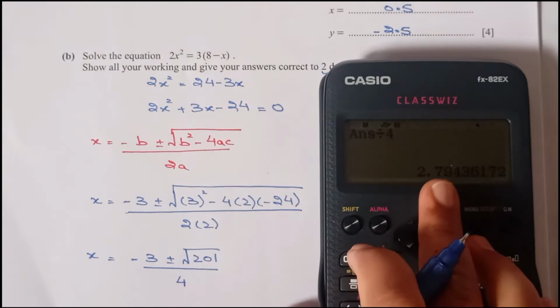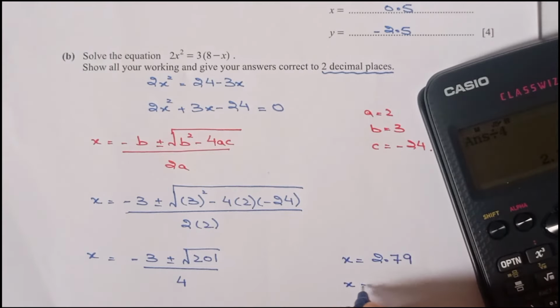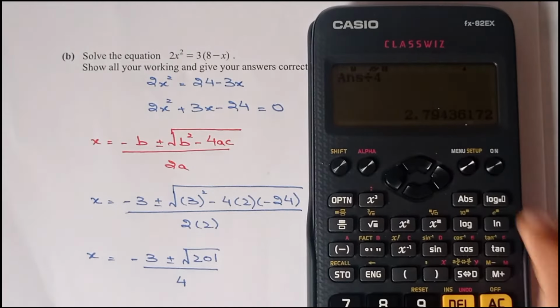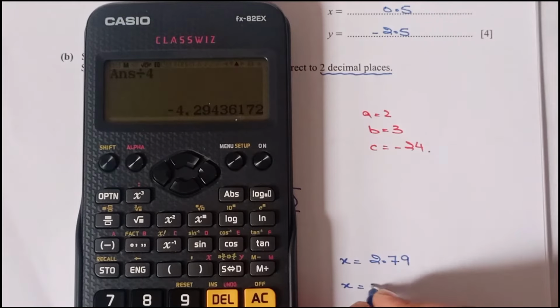So x is 2.79, and the other value for x with the negative square root of 201: -3 minus the square root of 201 and then dividing by 4, this would be -4.294. It's just -4.29.